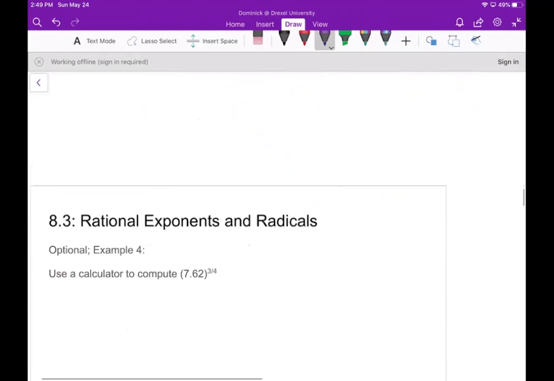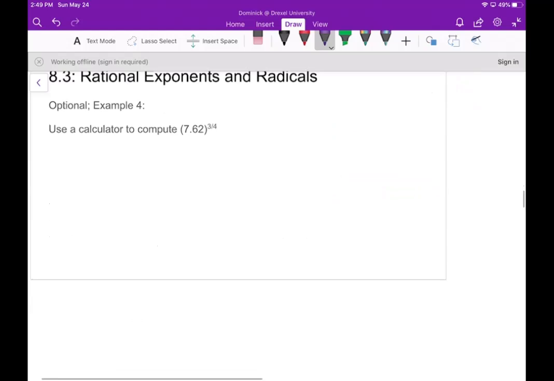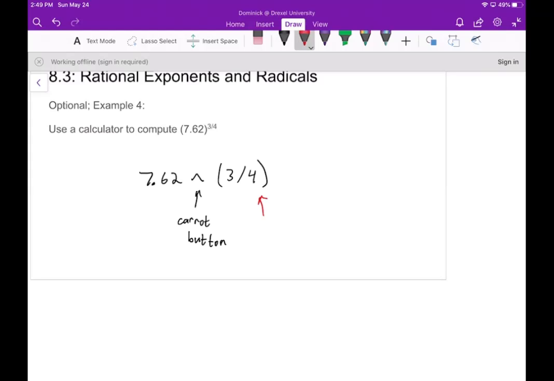Okay. Now, one last example is that if you have something unfortunate like this that you can't compute by hand, you can use a calculator to do this. Now I want to show you what exactly goes in the calculator here. To put this in a calculator, you're going to type the caret button to get you into the exponent. And since you have a fractional exponent, you want the rest to be in parentheses.